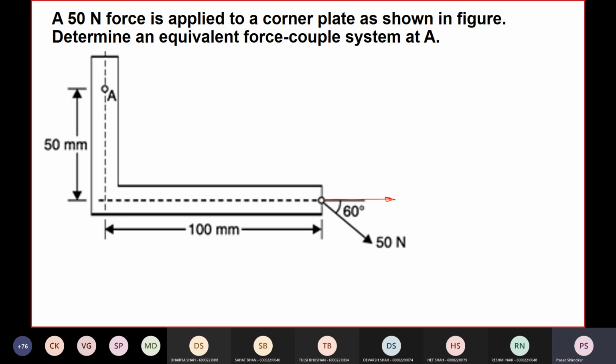This is 50 cos 60, and the vertical one is 50 sin 60.